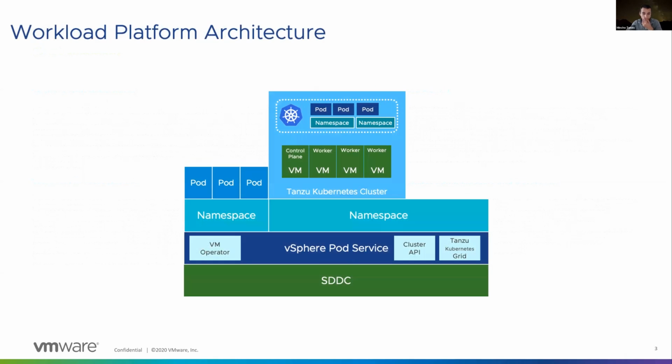So this is the workload platform architecture. As you can see, below is the SDDC. On top, we have the vSphere Pod Service, and this is actually the core service which provides Kubernetes on top of the SDDC. And we have, in this example, two types of namespaces.